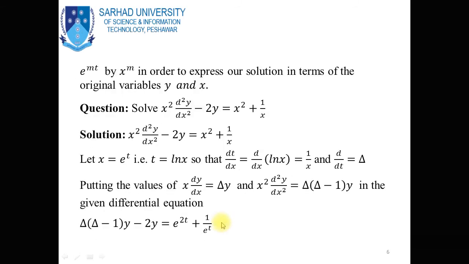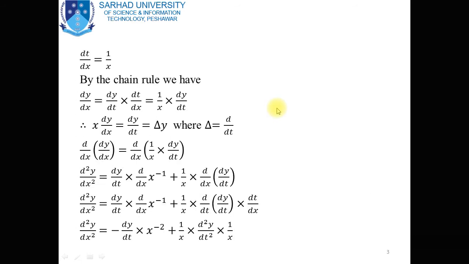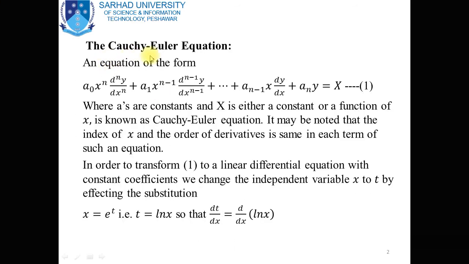Now let's move on to an example. For example, we have a problem x square d square y divided by dx square minus 2y is equal to x square plus 1 over x. So this is the Cauchy-Euler equation. You see over here the general form of the Cauchy-Euler differential equation, x power n d n y divided by dx n.